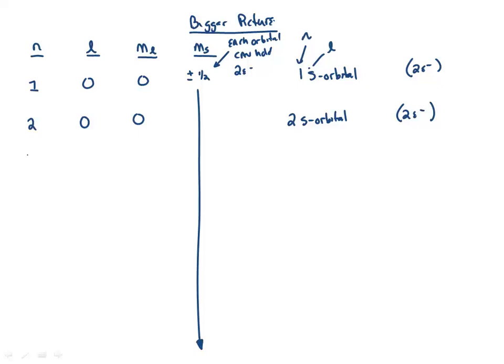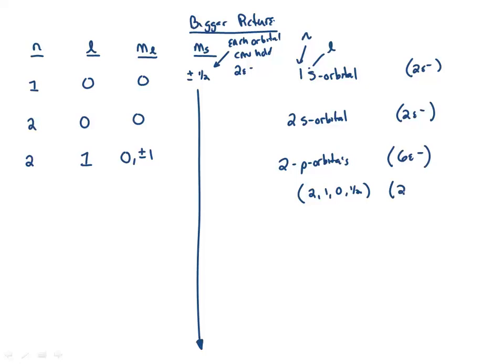But for quantum number 2, we can also have L equals 1, oops, I wrote L instead of 1. L equals 1, and then remember, m sub L can be 0, plus or minus 1. We're going to call those our 2p orbitals. And we can fit a total of 6 electrons in those, because what we're really saying is that I can have 2, 1, 0, a half.